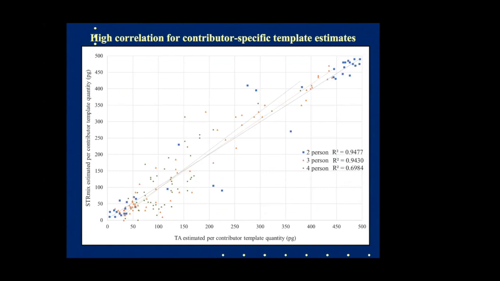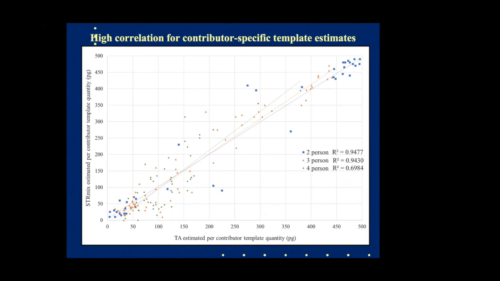So this was comparing the contributor-specific template estimates generated by STRmix, shown on the y-axis, and TrueAllele, shown on the x-axis, and this is all in picograms. Linear regression was performed and R-squared calculated.